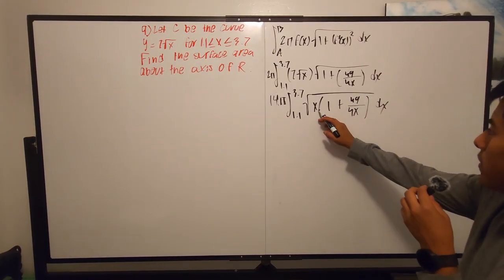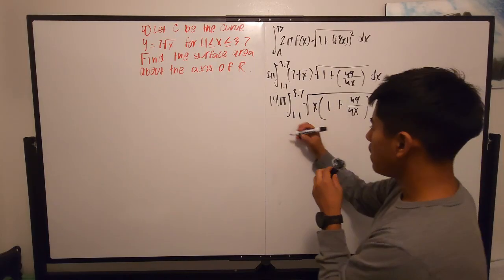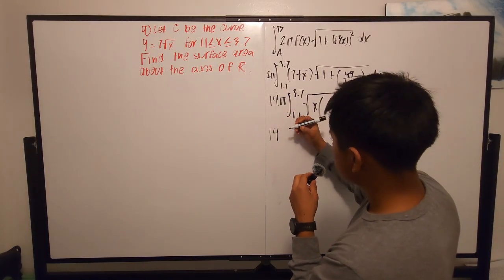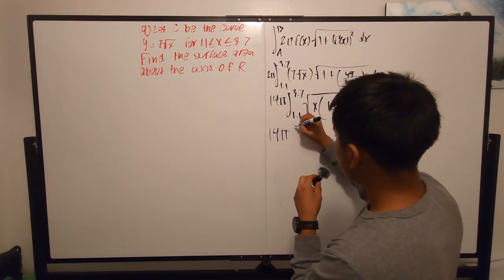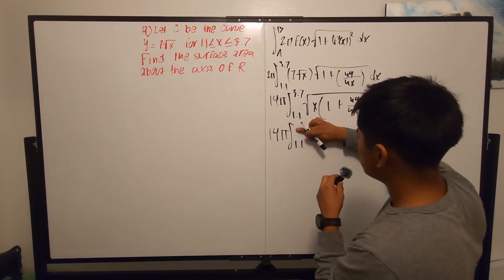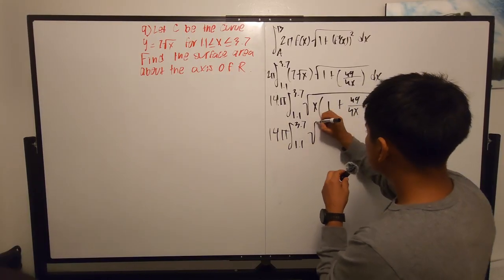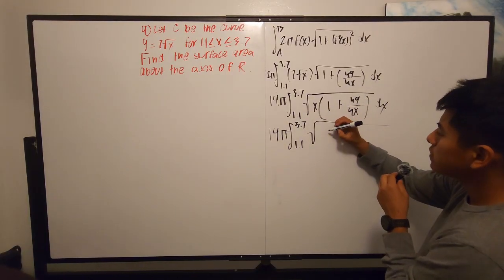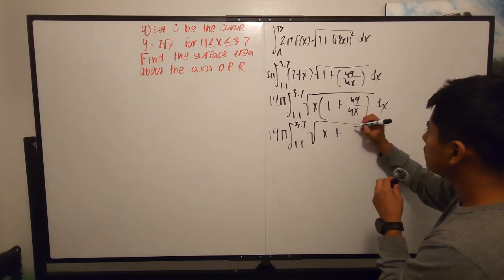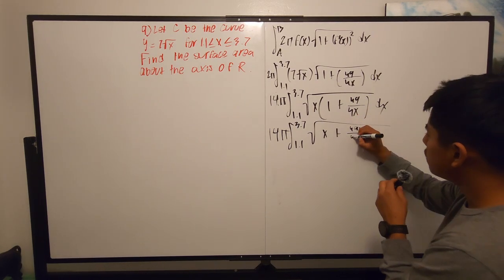And now I'm gonna distribute this x, so I'll have 14 pi from 1.1 to 3.7 square root of, distribute that, so that's x plus 49x all over 4x.